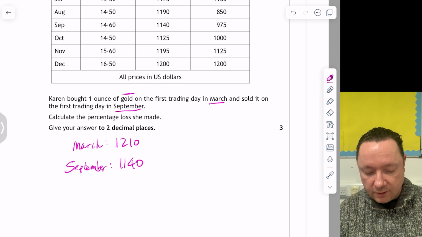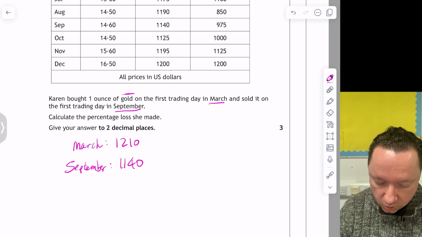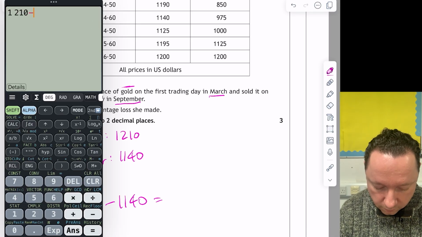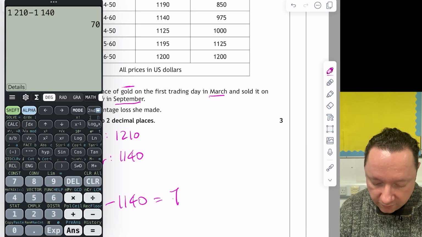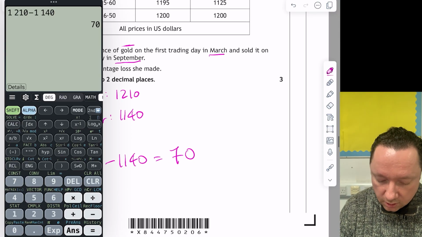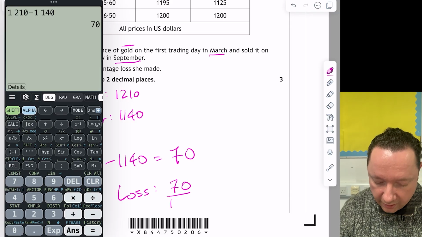So calculate percentage loss you made or a fraction loss. So we need to do the difference divided by the original amount. So I'll do 12.10 minus 11.40. So that means she lost 70 out of 12.10, which she had originally. So our loss as a fraction is 70 out of 12.10.